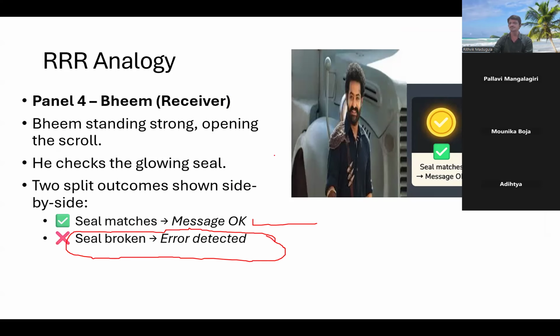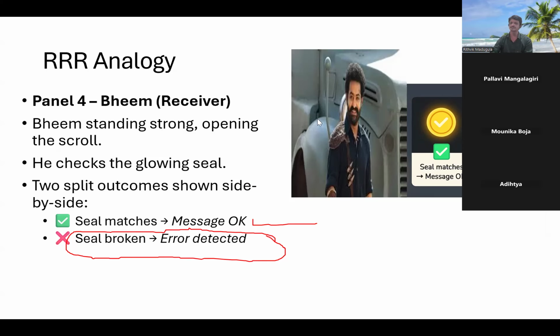The message that was sent by RAM should reach Beam without any manipulations or errors. If there are any errors that occur in the code word sent by RAM, when Beam decrypts the message, that will be suggested.